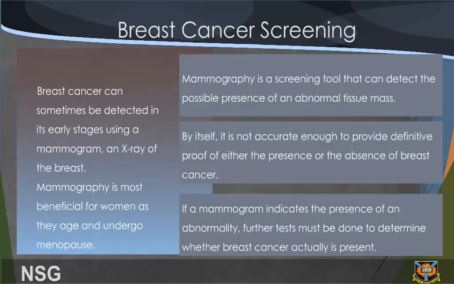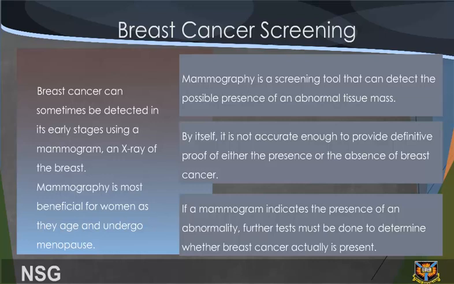Breast cancer screening. Breast cancer can sometimes be detected in its early stages using a mammogram, an X-ray of the breast. Mammography is most beneficial for women as they age and undergo menopause. Mammography is a screening tool that can detect the possible presence of an abnormal tissue mass.